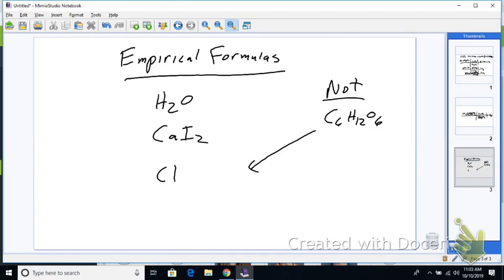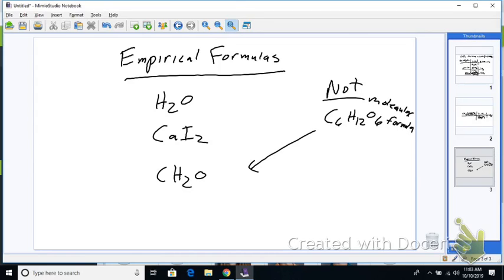CH2O. This is what we call a molecular formula. We'll talk about it more tomorrow. This is a molecular formula, and that's the empirical formula for it.